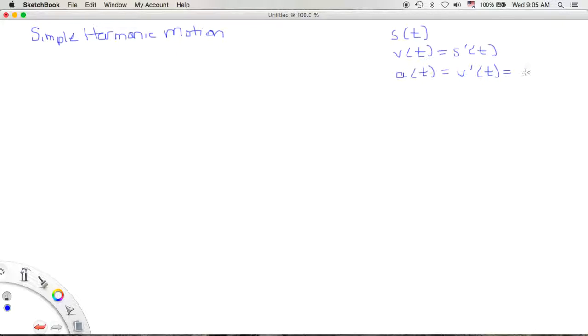All right, now why do we need these? Well, often, a simple harmonic motion equation will have trig functions in them. And we talked about how position and velocity and acceleration were all related to each other. So we have position, and then velocity was the derivative of position, and acceleration was the derivative of the velocity, which means it's the second derivative of the position.